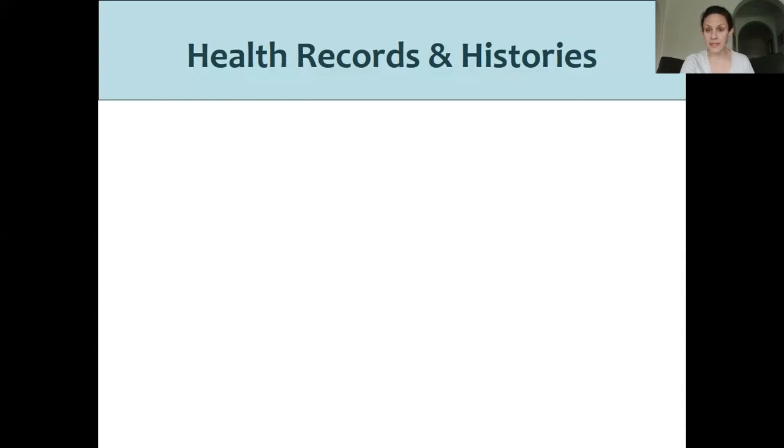Depending on the age you get them, sometimes they don't have much of a past because they're little, or depending on how many health issues they've had or how much care they've needed. It may not be an extensive story, but it's important to know that information.